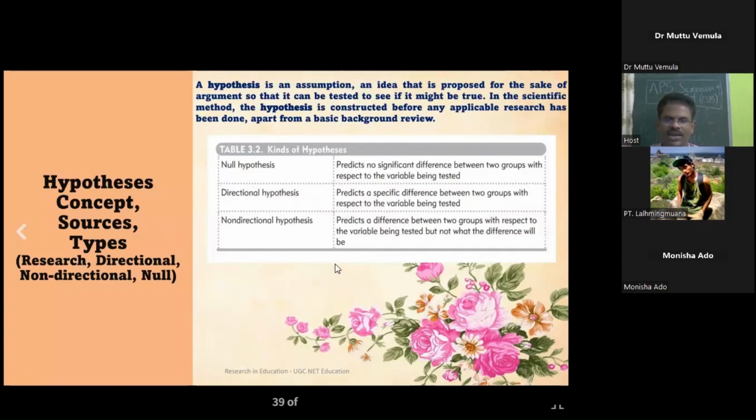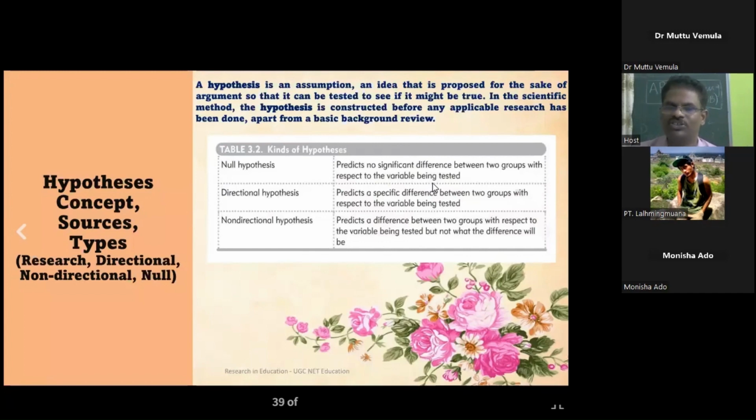All right, chalo. Therefore, see in this table, null hypothesis, directional hypothesis and non-directional hypothesis are given. See, null hypothesis predicts no significant difference between two groups with respect to the variables being tested. It could be variables or groups also. Suppose I say there is no significant difference between boys and girls in their achievement as a result of multimedia teaching.